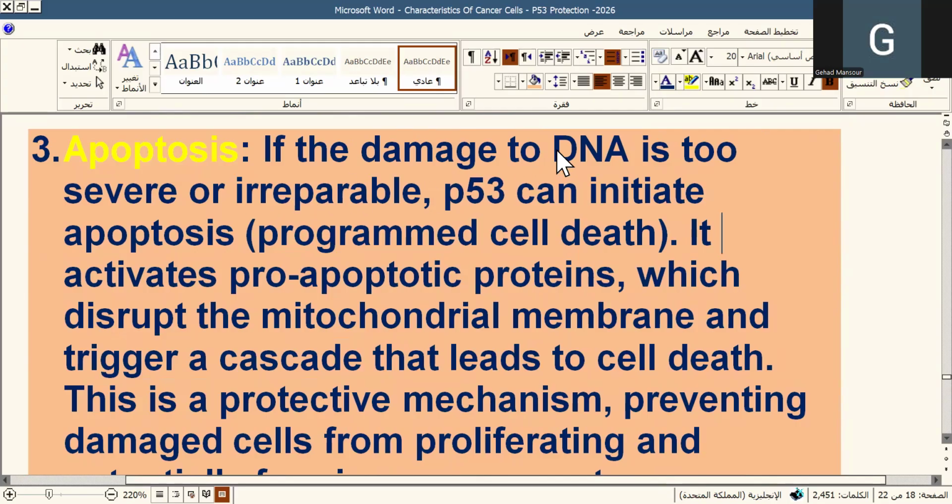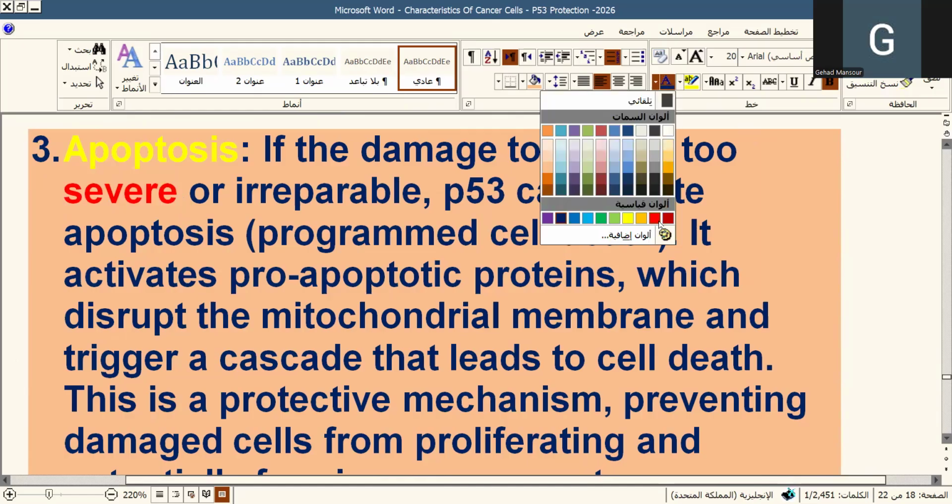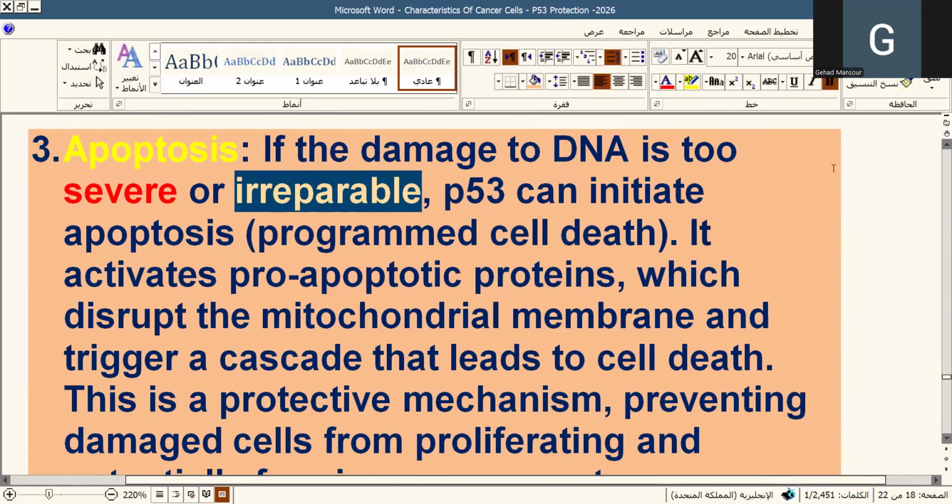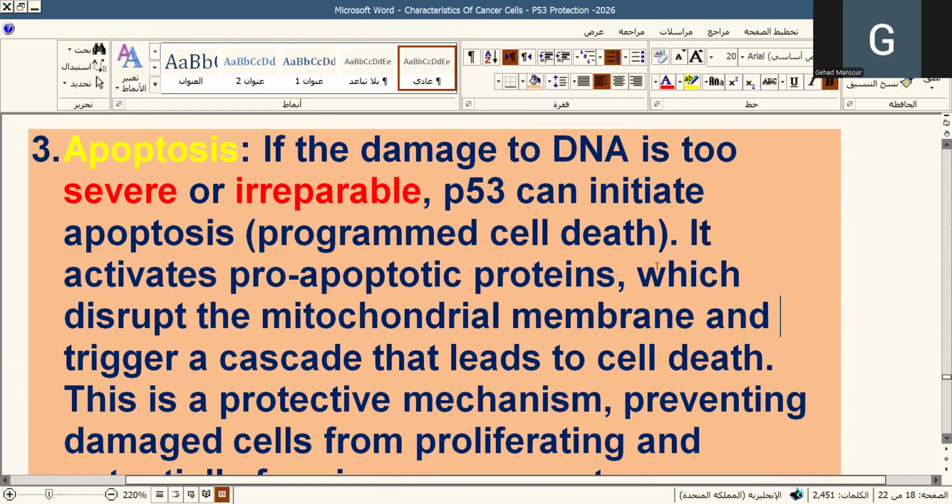This occurs when the DNA damage is extensive in the cell, when it is very severe, or when the DNA damage proves to be irreparable. That's to say, the enzymes of repair tried to repair it but failed. In such a case, P53 will initiate the process of apoptosis.